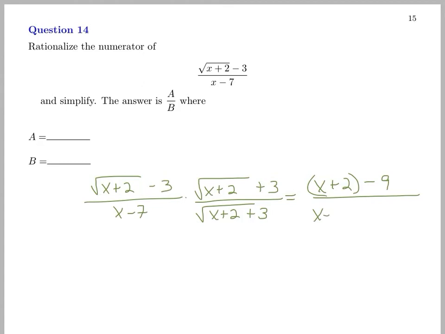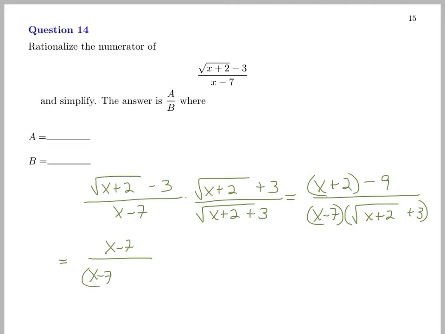In the denominator, we just have the product of the two denominators. And then the numerator simplifies to x plus 2 minus 9, x minus 7.